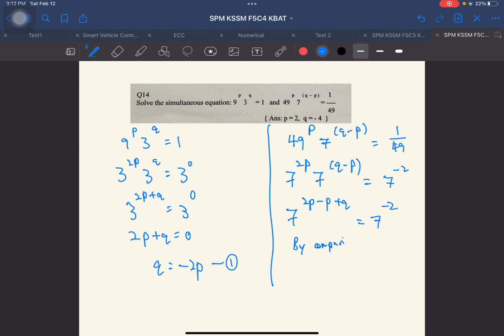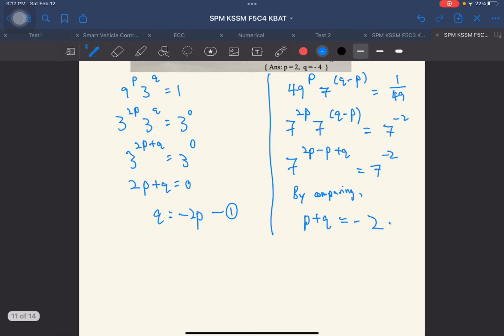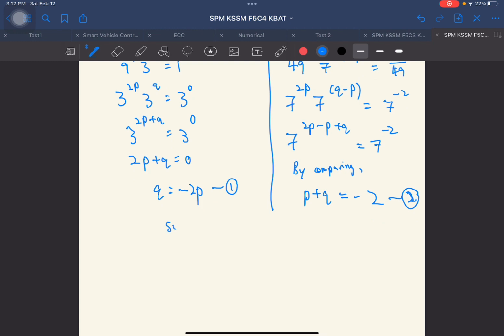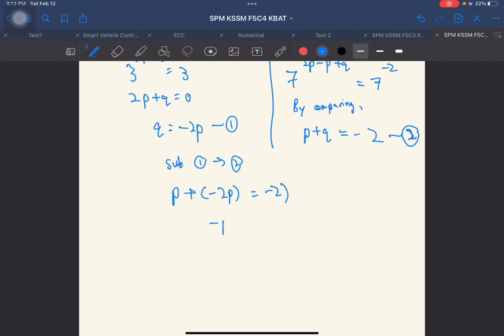So by comparing, like just now what we did, p plus q equals to negative 2. This is the second equation, and then sub 1 into 2. So you got p plus negative 2p equals to negative 2, and negative p equals to negative 2.